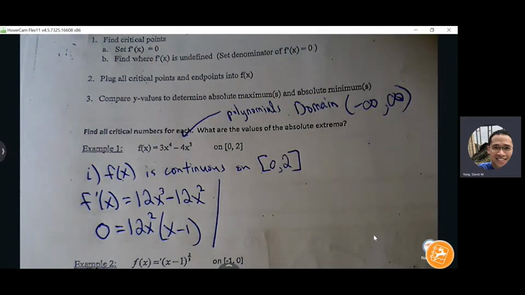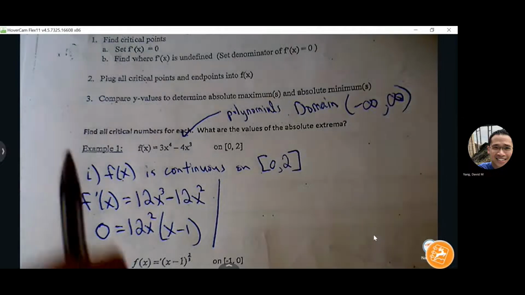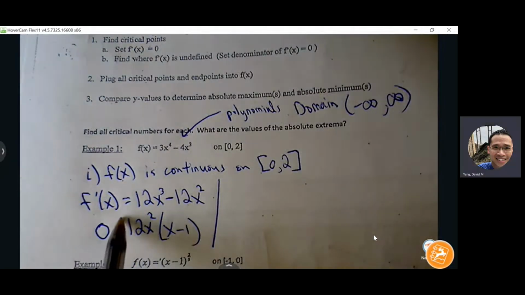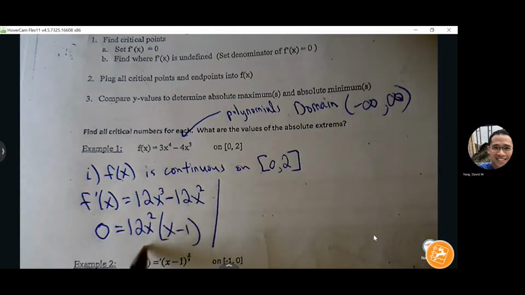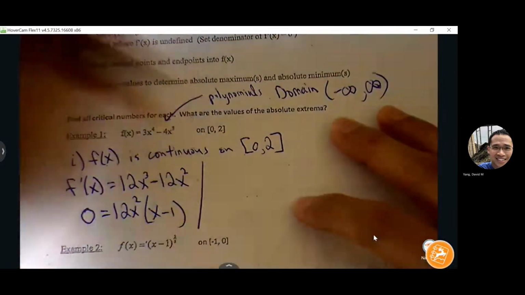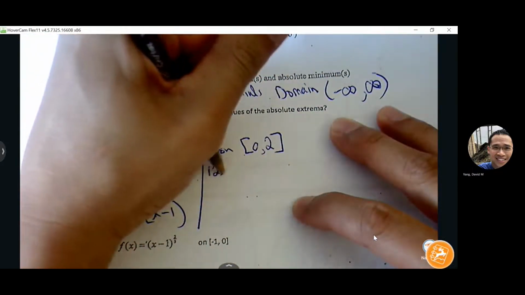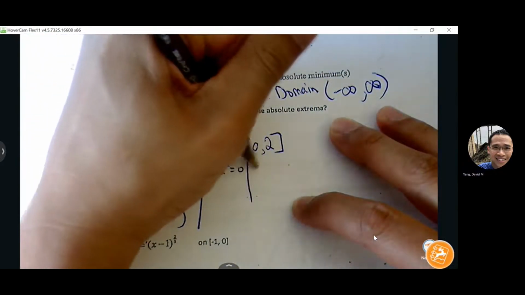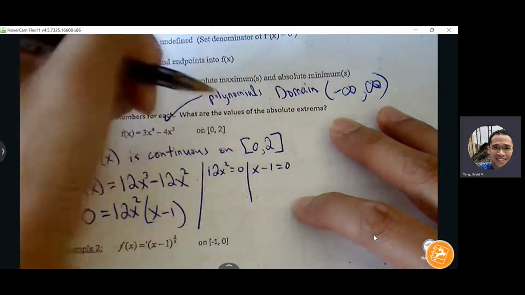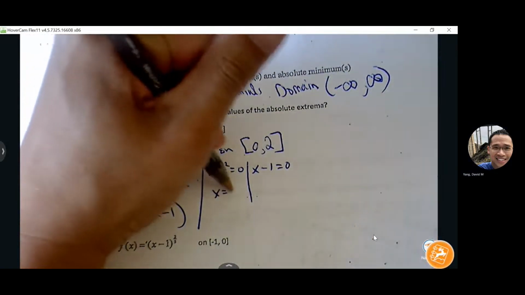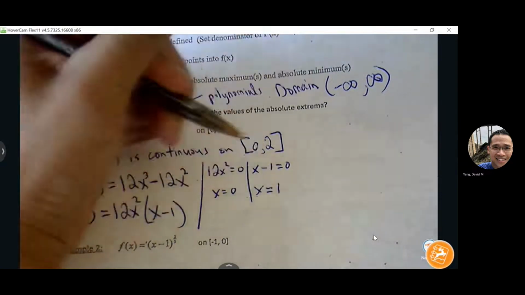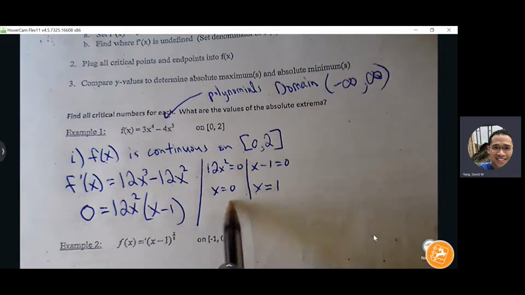So what are our critical points? What do we get if we set this equal to 0? Just 0, right? If I set x minus 1 equal to 0, I'll get 1. So it looks like I have 2 critical points.